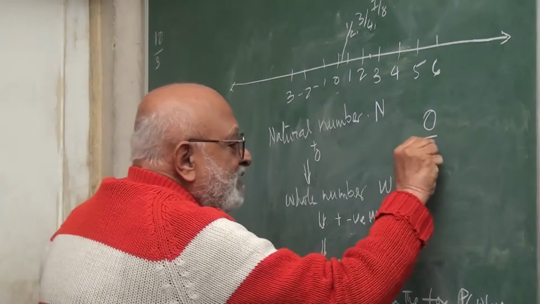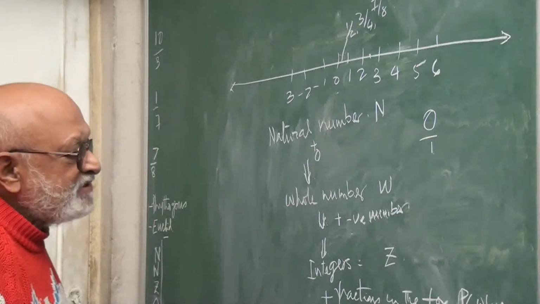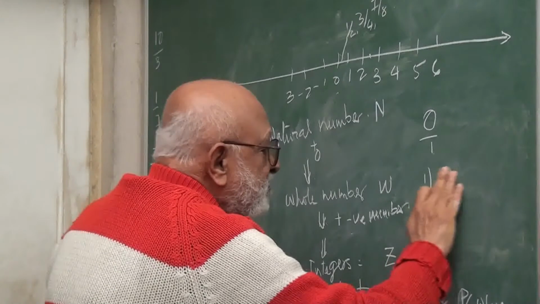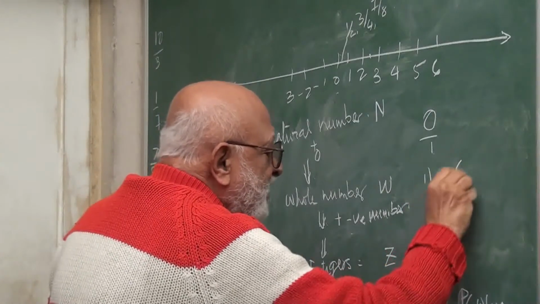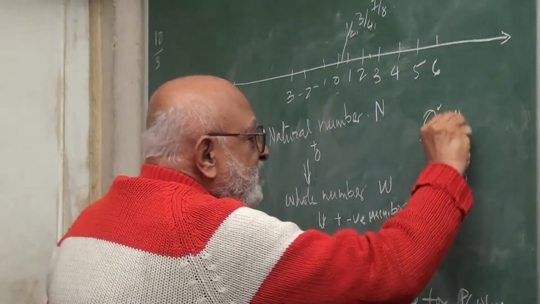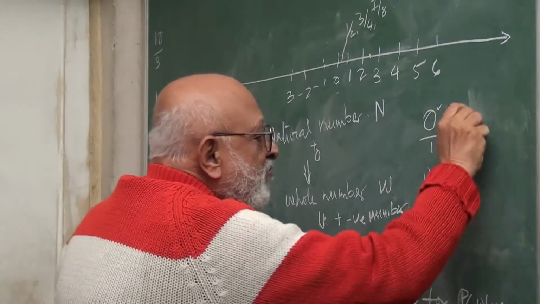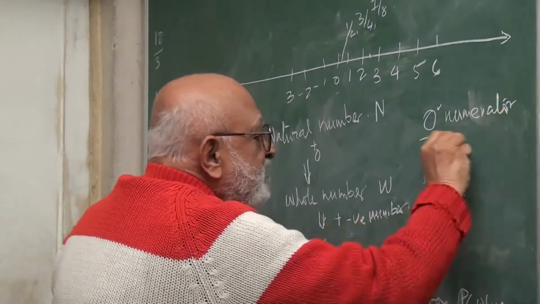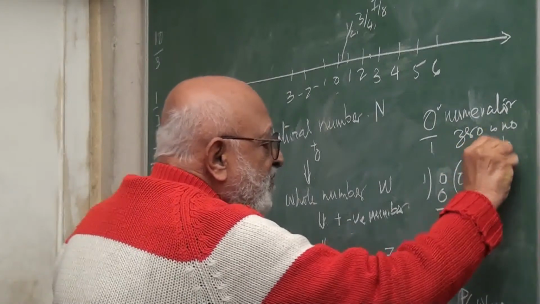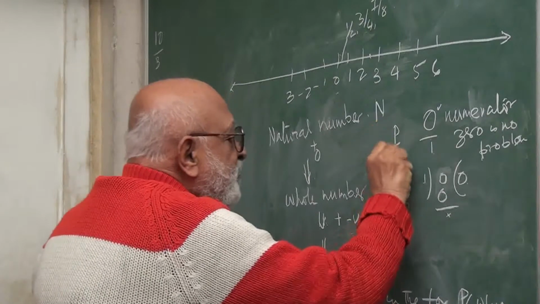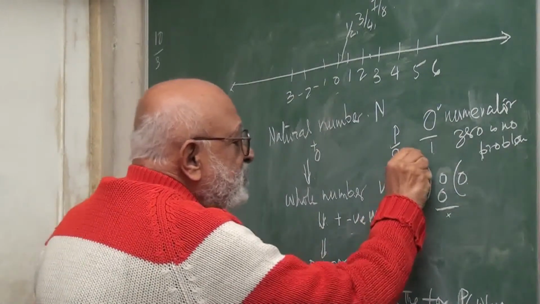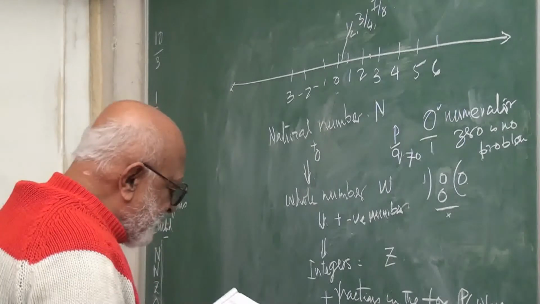I can write 0 as 0 over 1, with 0 in the numerator, which is no problem, and this satisfies p by q, where q is not equal to 0. So 0 is a rational number.